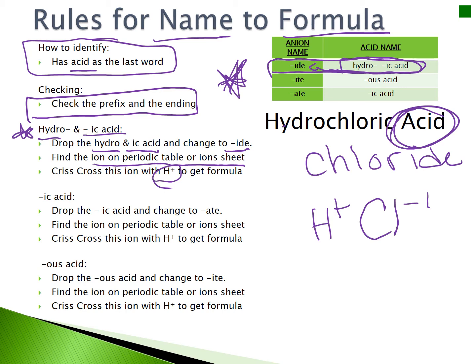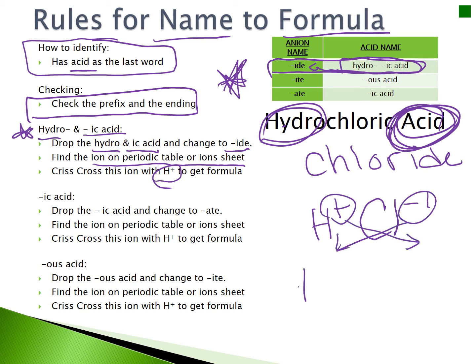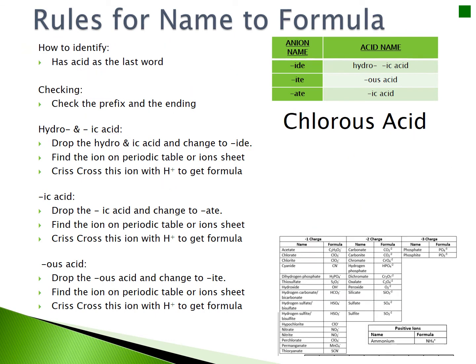This hydro prefix that we mentioned before does not mean hydrogen. The word acid means hydrogen. So as soon as you see acid, write down H+ because you know that's what it means. Then you crisscross it, and you end up with HCl, or H1Cl1, but we reduce that to HCl, or don't write the ones.